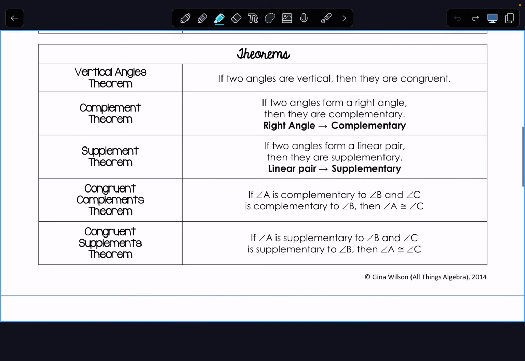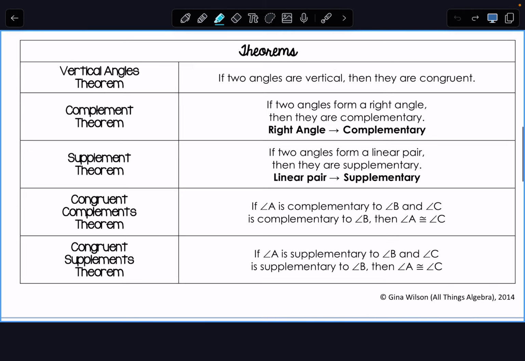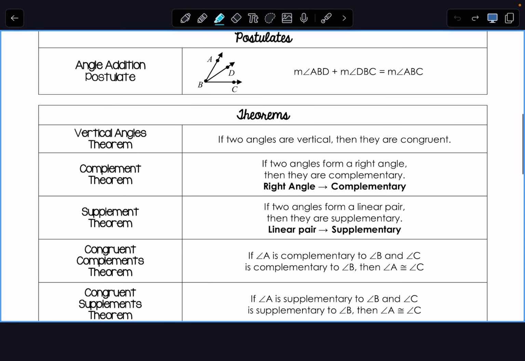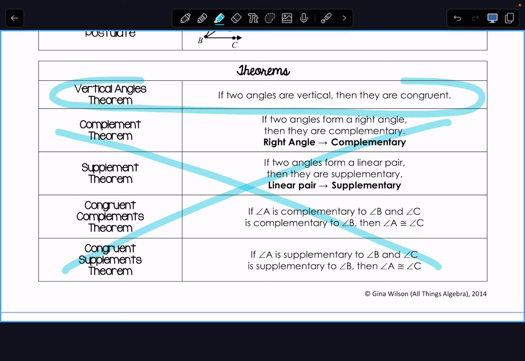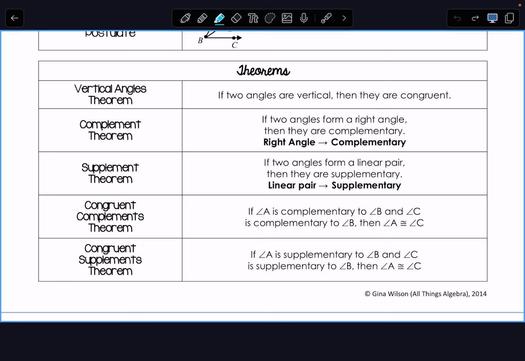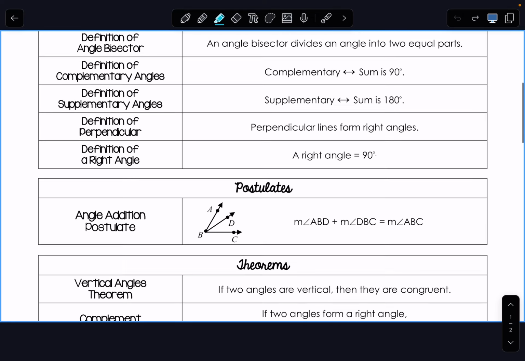I am not super concerned about these right here, but what I do have concern about is the vertical angle theorem. We know that vertical angles are congruent. So there's a lot of information on this page.